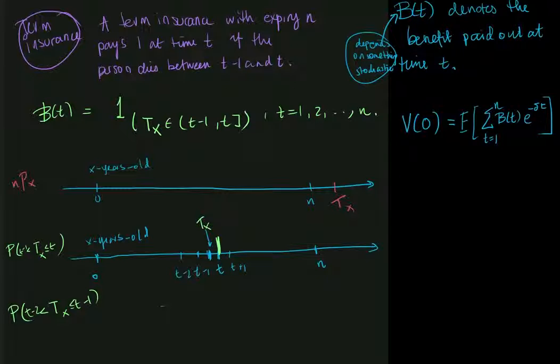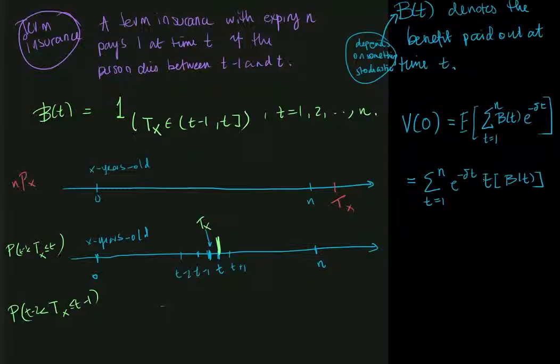However, because this e to the minus delta t is not stochastic, we can just go one step further and say we take the sum outside of the mean value, and then we take the discount factor outside of the mean value, and then we just have the mean value of b of t inside here, right? So this is probably something you have not learned yet, but whenever you have a sum and the mean value operator, you can always interchange them.